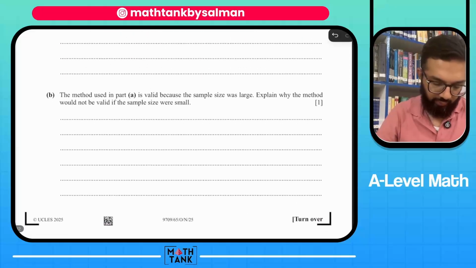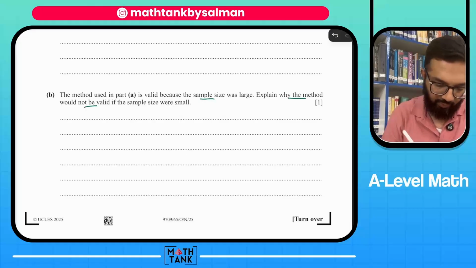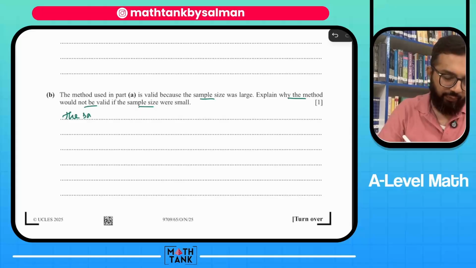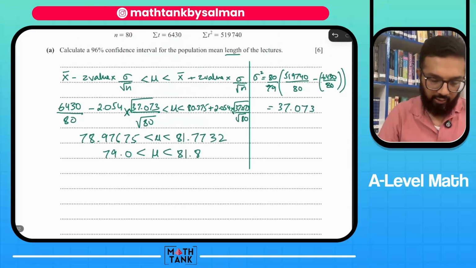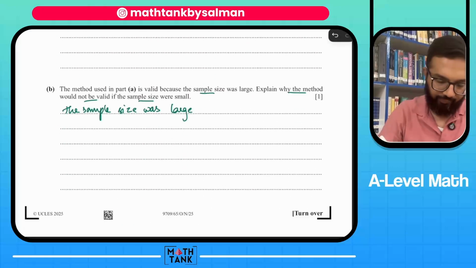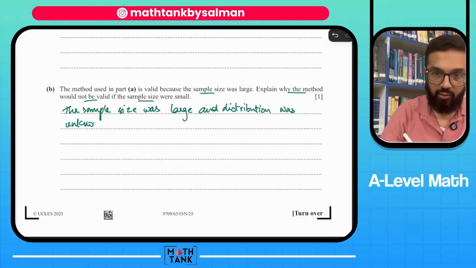The method used in the previous part is valid because the sample size was large. Explain why the method would not be valid if the sample size were small. The sample size was large and the distribution was unknown, so CLT was valid.